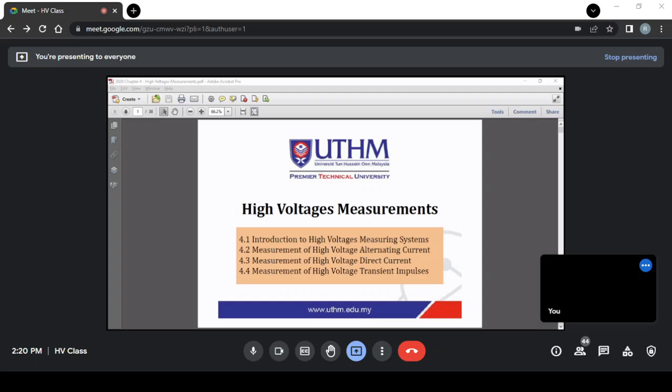This is one of the monitoring purposes: to monitor whether the supply voltage for the power system transmission and distribution is at the right rated voltage level, so that we don't experience any power shortage or any overvoltage. So the supplied voltage is at the right amount, at the right magnitude.